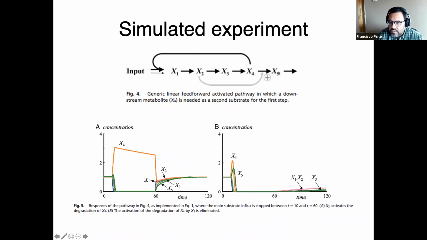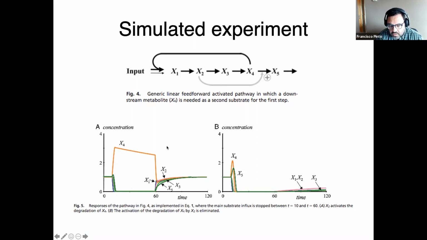So you have a slower rate of conversion of X4 to X5, and that maintains X4 at a higher level. All the other components go to very small values, but X4 is still there.